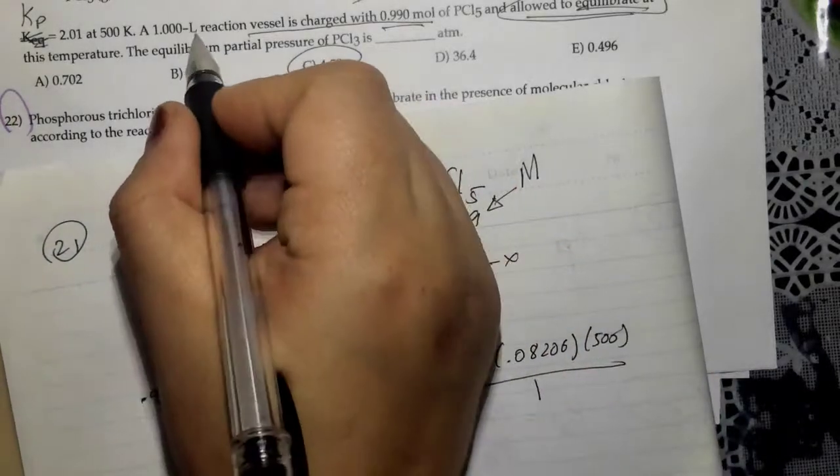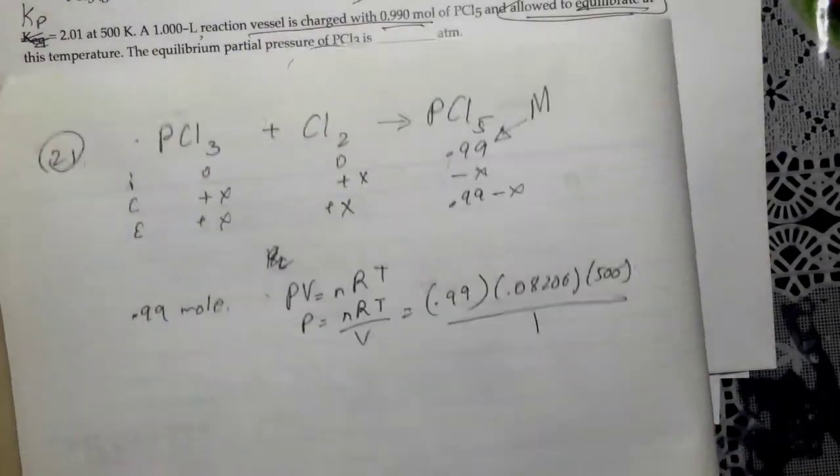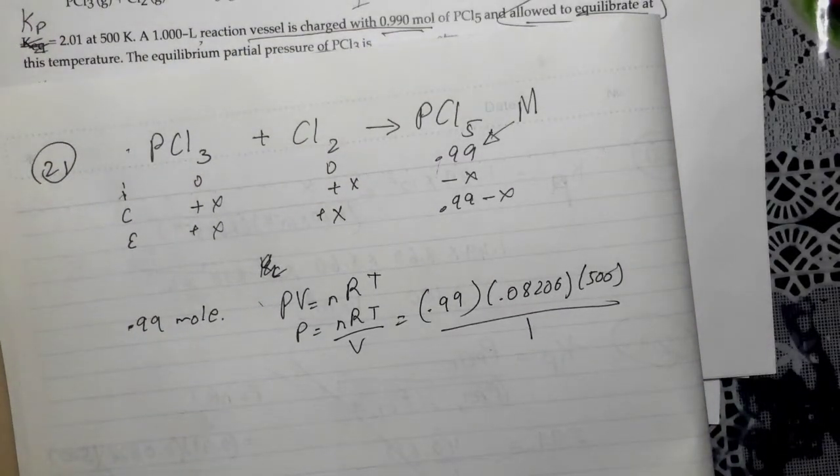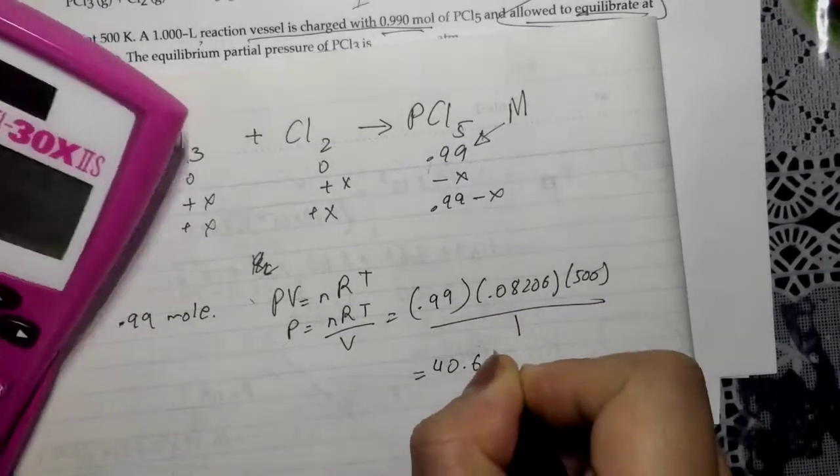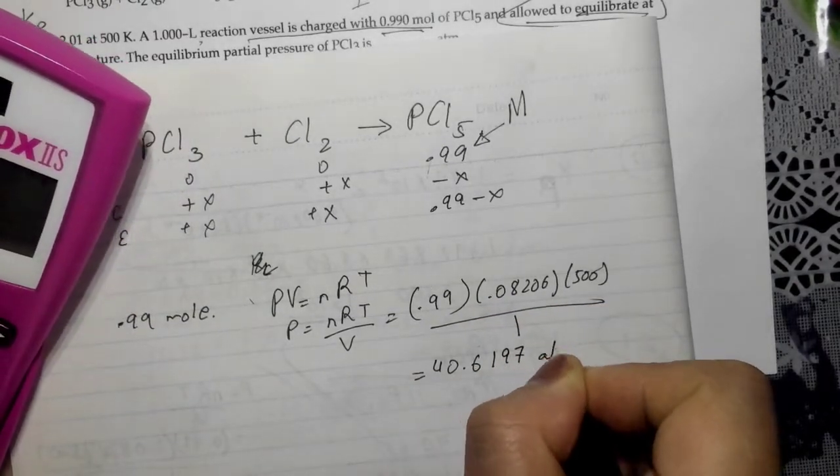How do I know? It's right here. All right, 0.99 times 0.08206 times 500 is 40.6197. Okay, this is in atm.